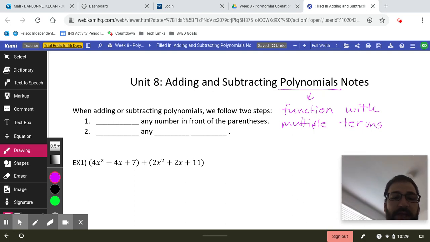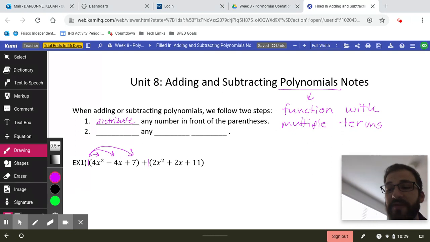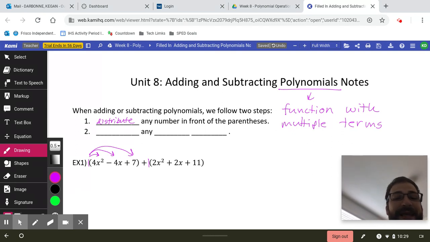So when we are adding or subtracting polynomials, the first thing we always want to worry about, looking at our example here, is these parentheses. Anytime we have parentheses, remember our PEMDAS, we've got to worry about those parentheses first. So the first step is we're going to distribute any number in front of the parentheses. When we have just the parentheses, there's technically a number in there that we don't write. It's just 1. And if we're distributing positive 1 to everything, so we're multiplying everything by positive 1, it's going to stay exactly the same, right?